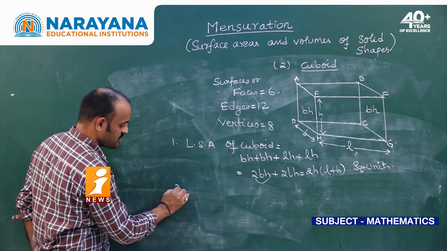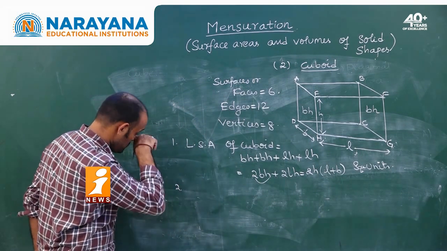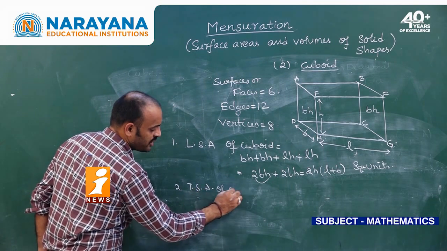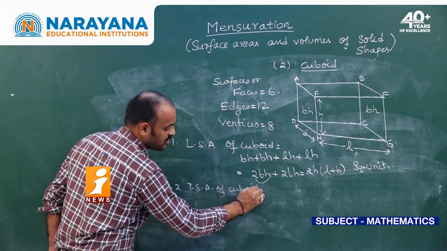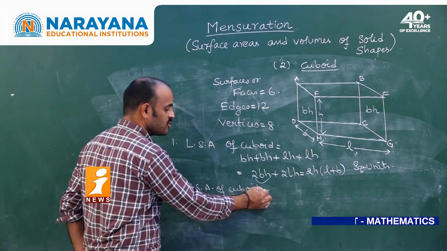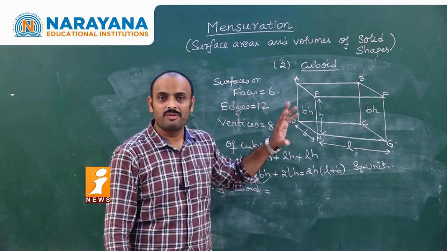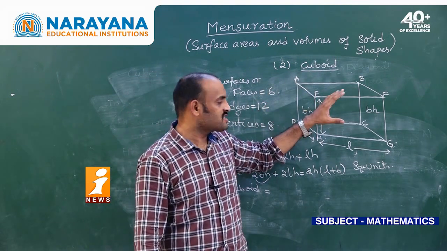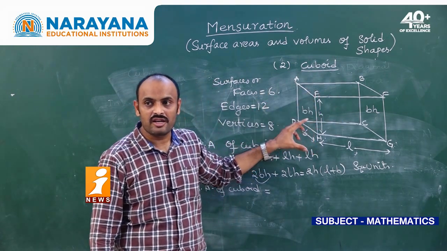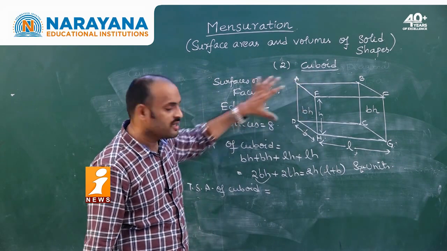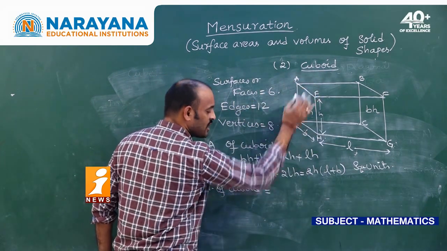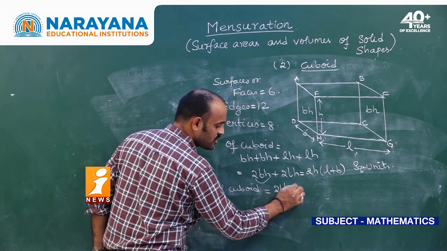And the second is TSA of cuboid. Total surface area means wherever a surface is there, that should be added. Here how many surfaces are there? 6 surfaces are there. All the 6 surfaces should be added. So front and back area, LH plus LH, 2LH.